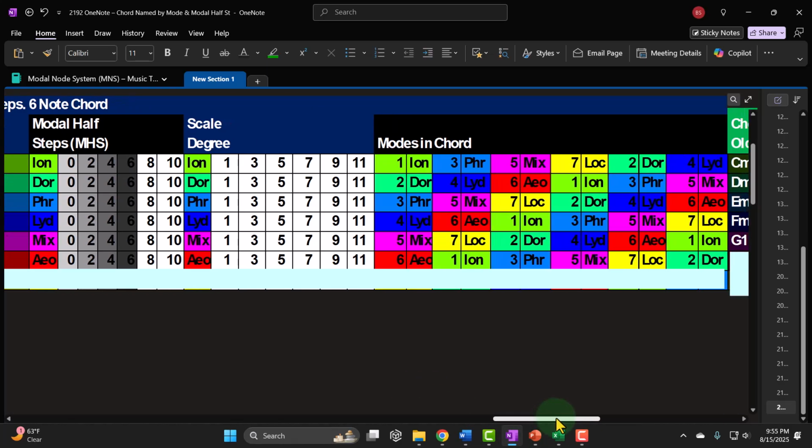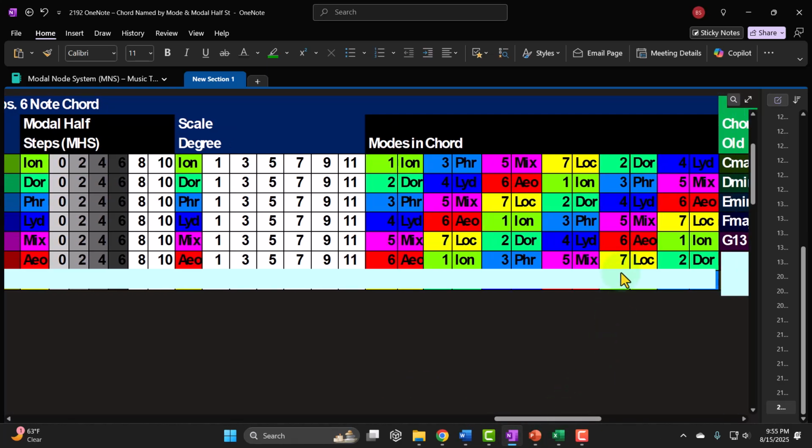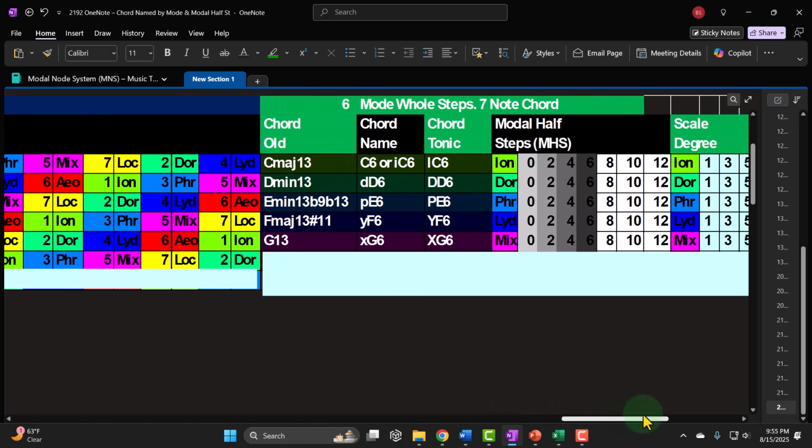The last note that we're going to add, we were on the 7. Now we go 7 plus 2 to 2 as we go around the horn. That means the Dorian node is the one we named the chord off of, which is 10 modal half steps up or 11 scale degrees up, or in other words, it's the 4 from a local distance standpoint.